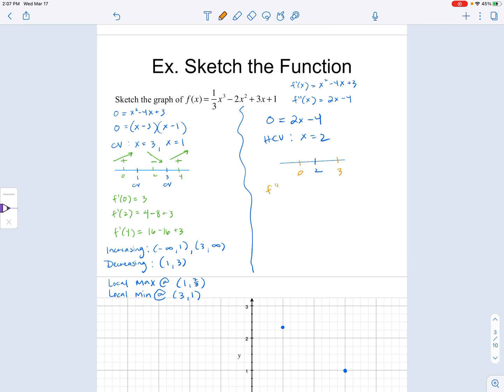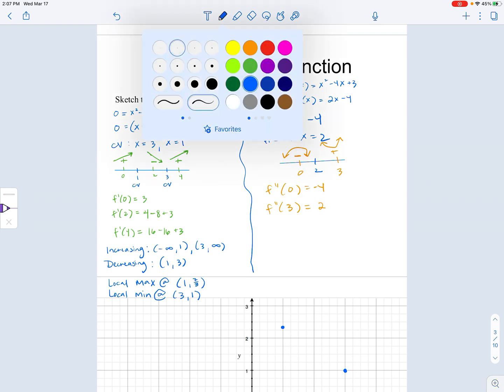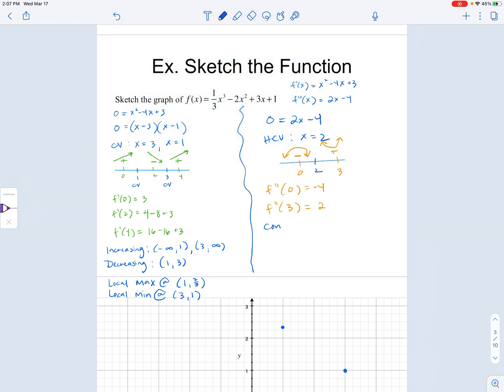And I'll plug in 0 and 3. So f double prime of 0 would be negative 4. So the graph will be concave down from negative infinity to 2. And then f double prime of 3 would be equal to positive 2. So concave up.